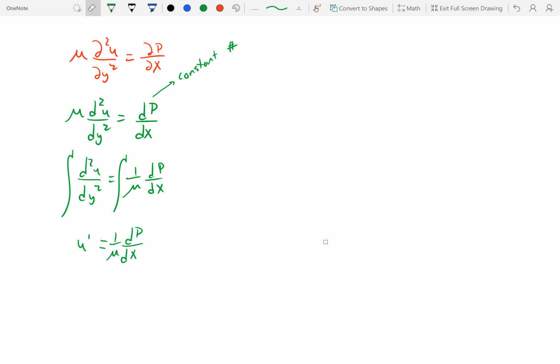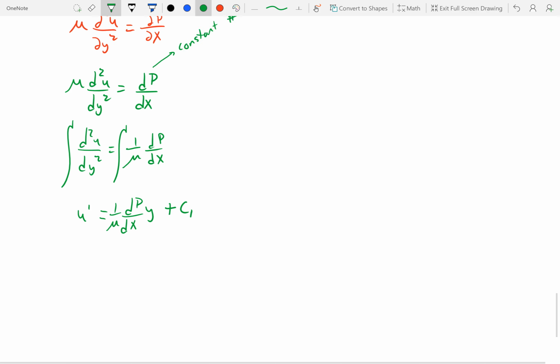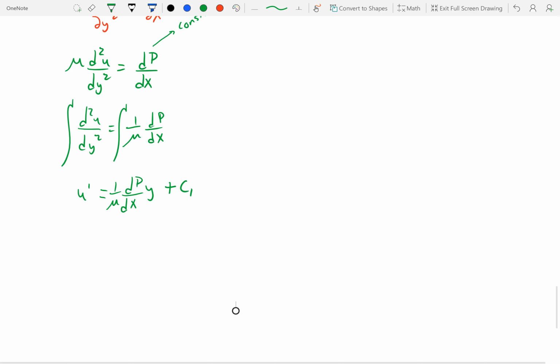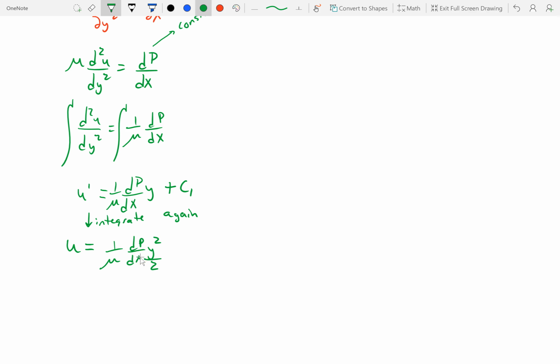Because we're taking the integral with respect to y, then we're going to integrate again. So we get u equals 1 over mu dp dx y squared over 2 plus c1 y plus c2.